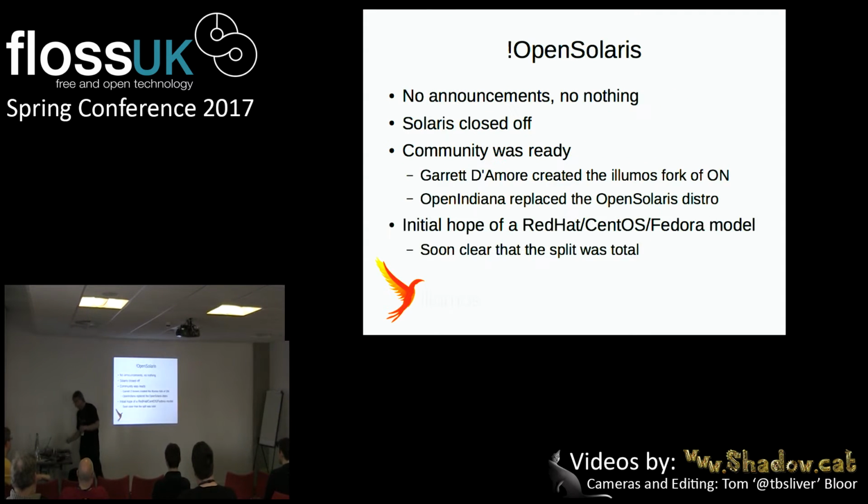Well, that didn't last. And basically what happened was nothing. Oracle have, to this day, made no official announcement as to the status of OpenSolaris. Radio silence. The source code repositories stopped updating one day, and that was it.